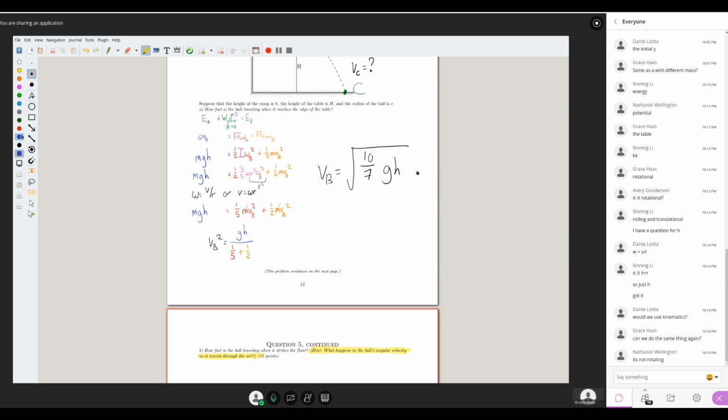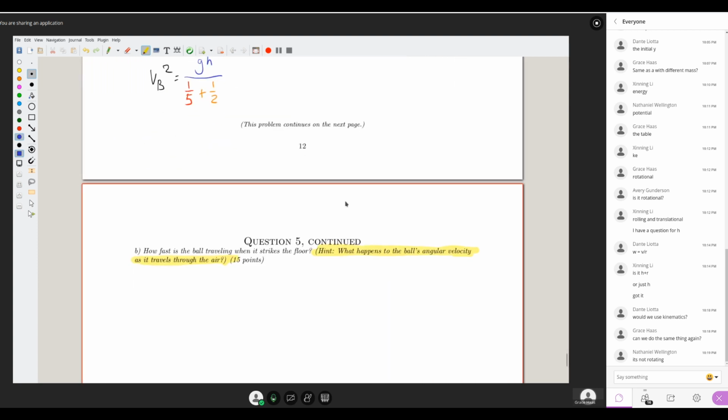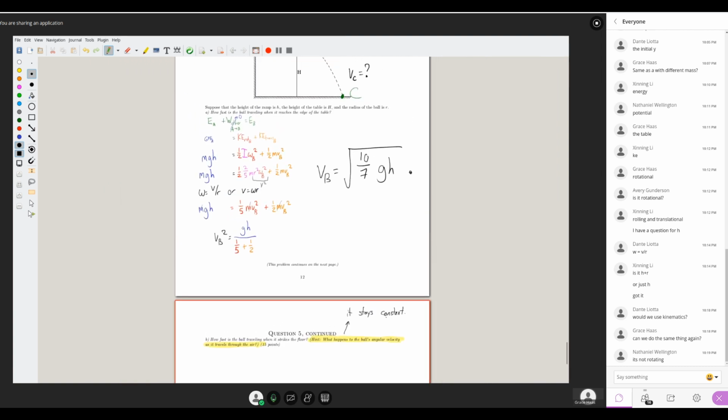It turns out it doesn't change, right? You can think of this as a conservation of angular momentum thing, or you can just use our intuition. The rolling without slipping condition is not true as the ball goes through the air.